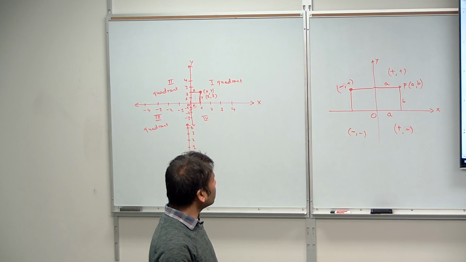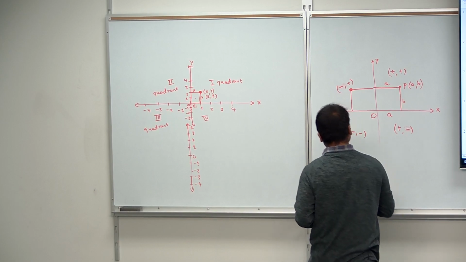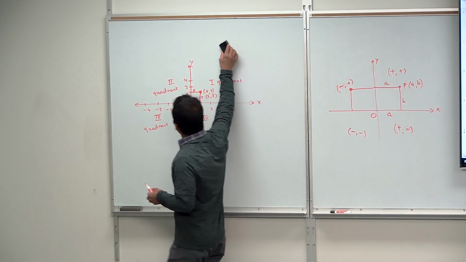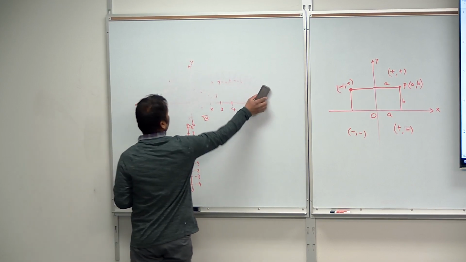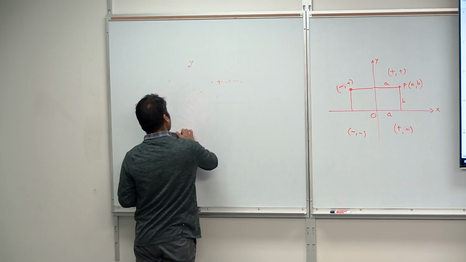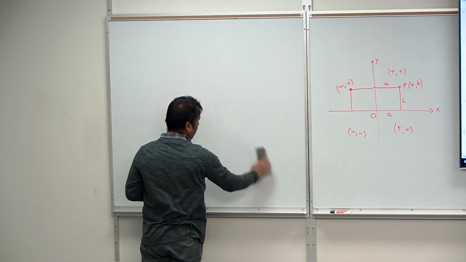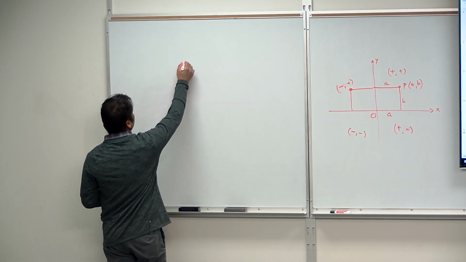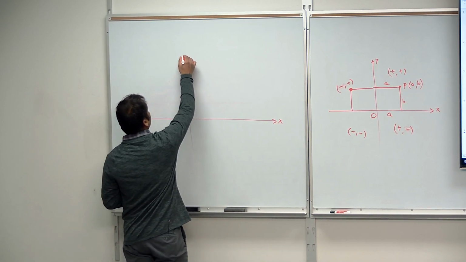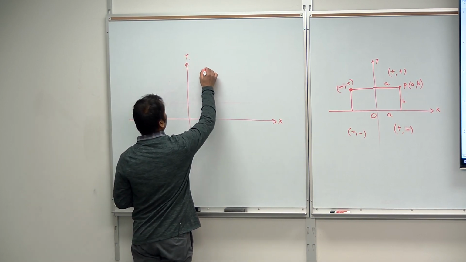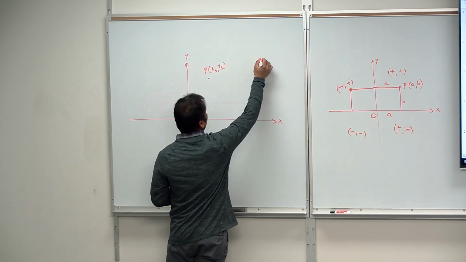Now if you want to find the distance between 2 points, so you have your x-axis, this is your y-axis, and let's say you have a point P, x1, y1, and you have a point Q, x2, y2.